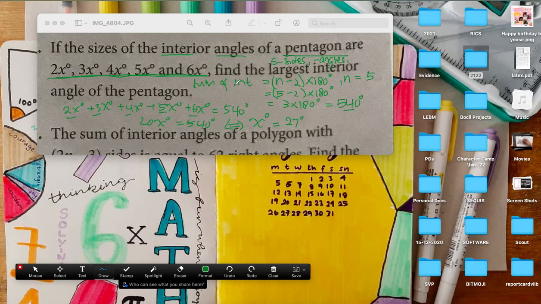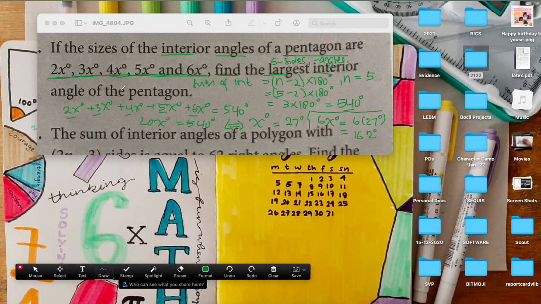Is it answering the question? I believe not yet. It's because we are to find the largest interior angle of the pentagon. So the largest one has to be 6 times x, right? So it has to be 6 times 27 degrees, and that will be 162 degrees.